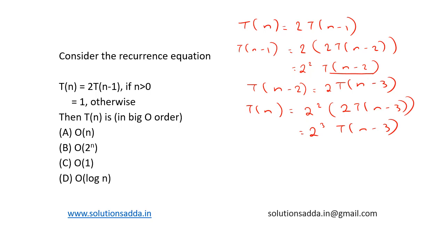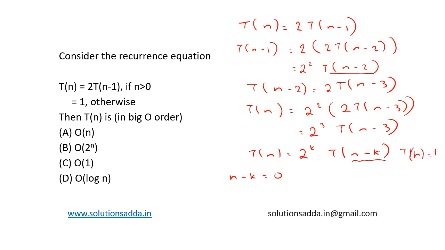Iteratively solving till k, we can write T of n is equal to 2 to the power k into T of n minus k. Now we can assume n minus k equal to 0, because this will continue till n minus k becomes 0. At that point T of 0 will be 1.